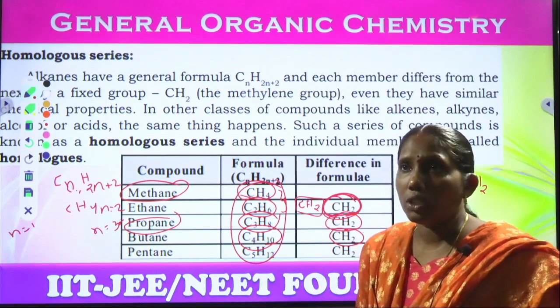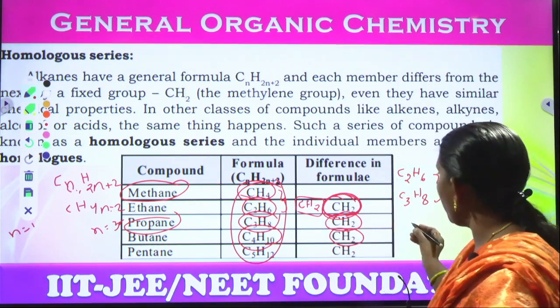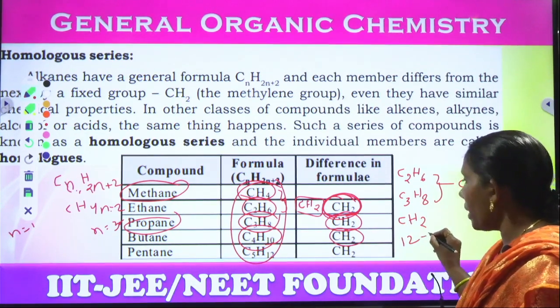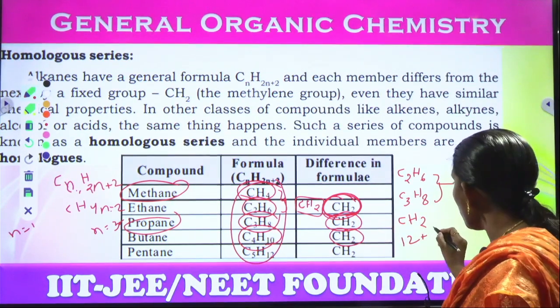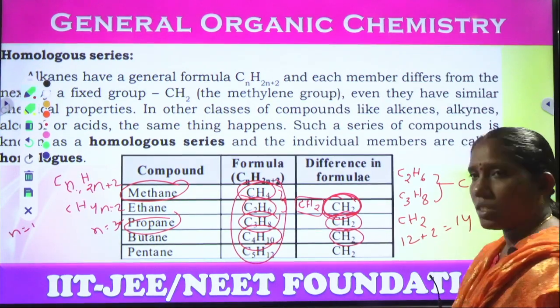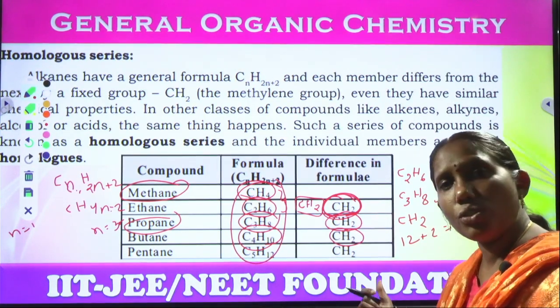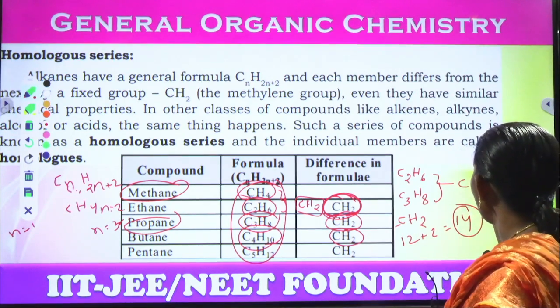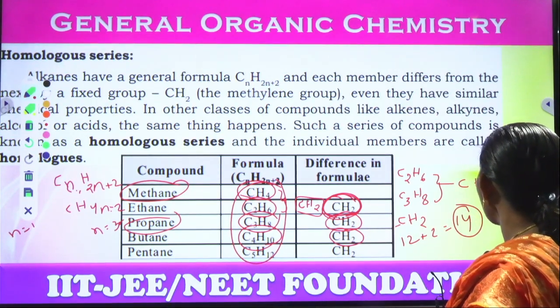And one more thing: if you find the molecular weight of this CH2 unit, C is 12 plus 2 hydrogens is 2, so the total is 14 grams, right? So the gram molecular weight of the CH2 unit is 14, that is, 14 AMU, 14 atomic mass units.